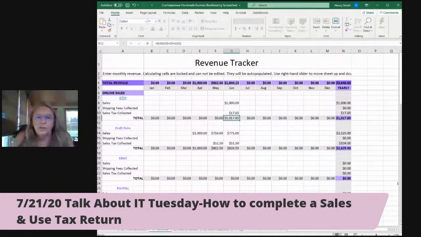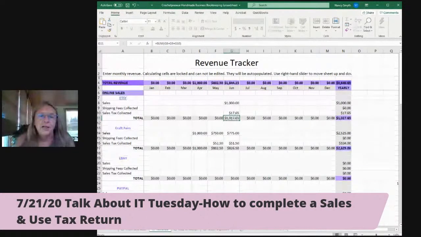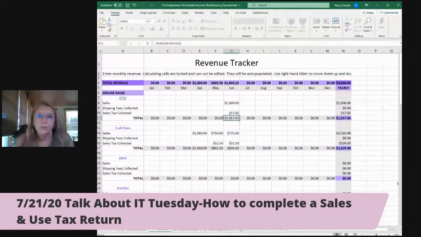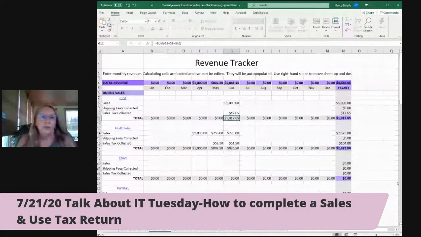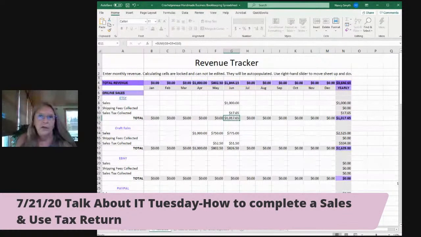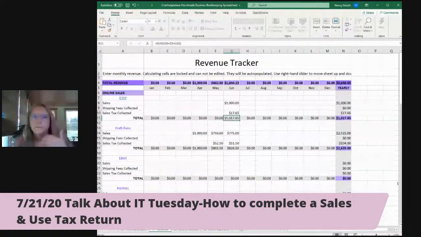So spreadsheets, while they're okay for some things, is not anything that I would recommend using for bookkeeping, because you have all of these different things that you have to prepare from your bookkeeping records, whether it's a sales and use tax return or whether it's the information you provide to your CPA at the end of the year.